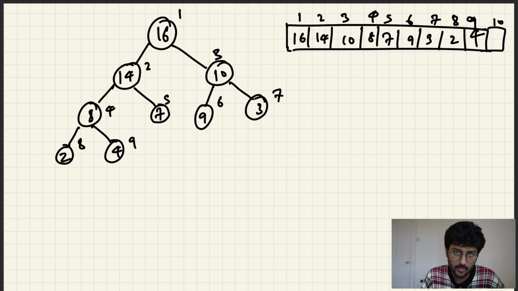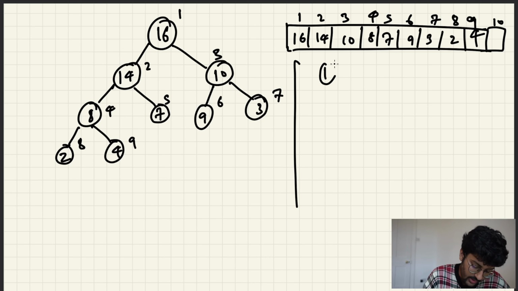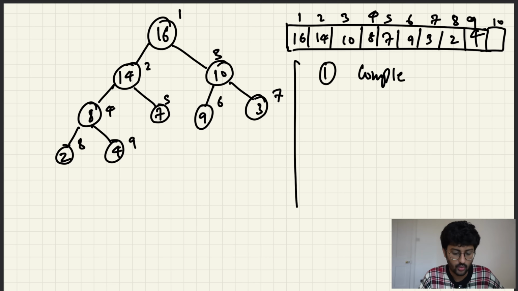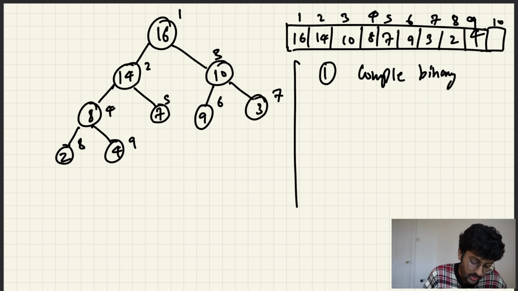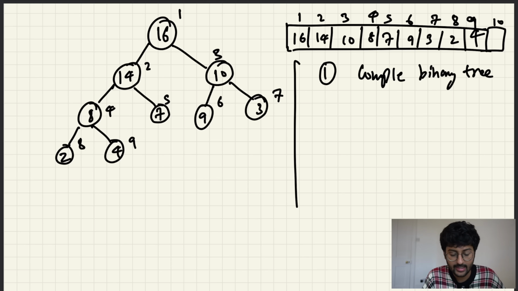Some of the properties we can see over here. Property number 1: it is represented as a complete binary tree. In reality it is stored in an array. It is not stored like a tree in reality. But here you can see index number 5 has 7, and here also index number 5 has 7 in the tree.